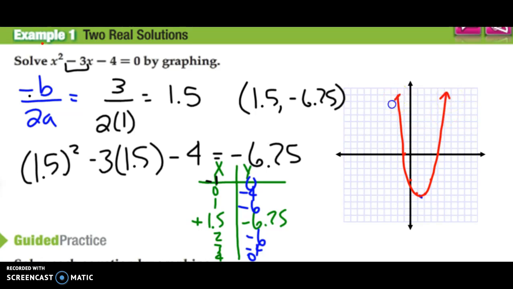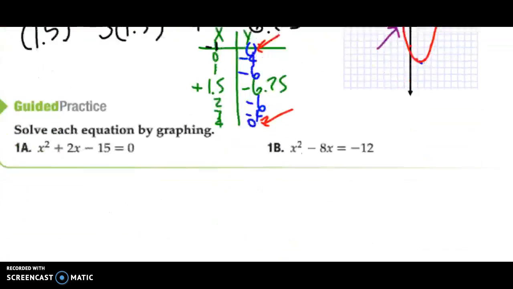Now the important numbers that we see are right here. We'll see that my y values are 0. So those are my solutions, where it crosses the x-axis right there, x-intercepts. So my solutions then would be when x equals -1 and when x equals 4. So this has two solutions at -1 and at 4.